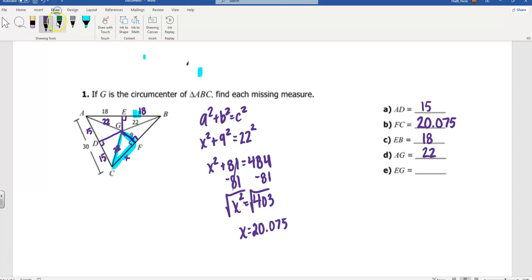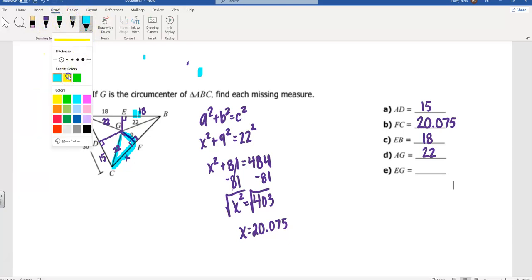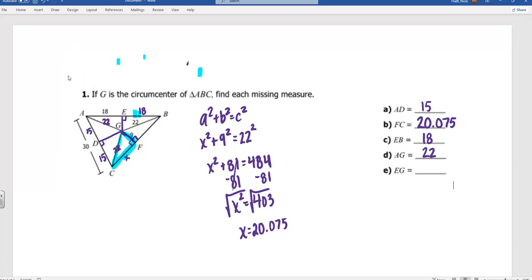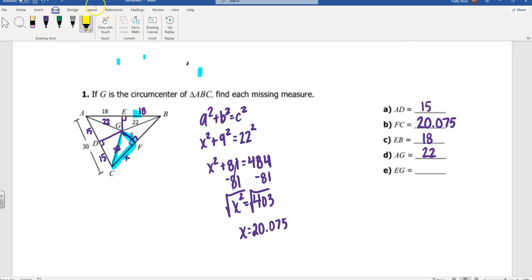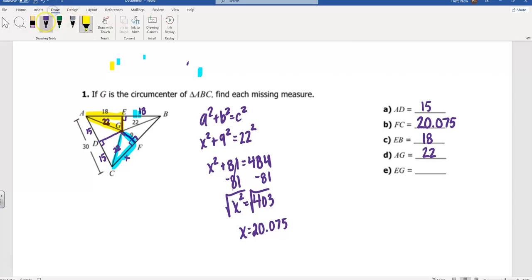So for EG, I need to be looking at this triangle. So Trinity, how would I set up Pythagorean theorem for that triangle?